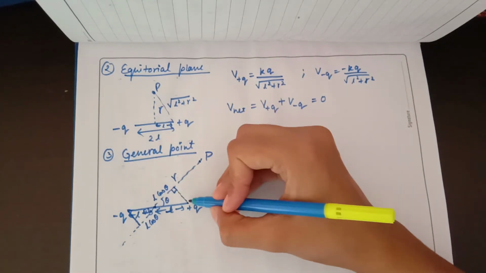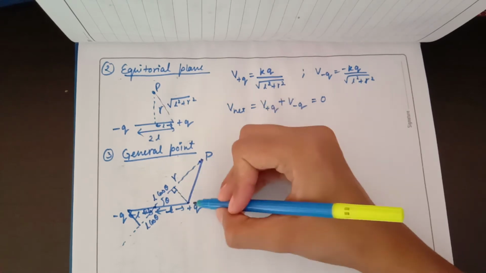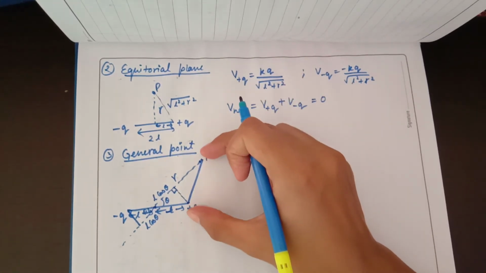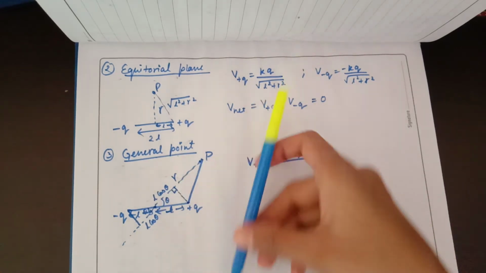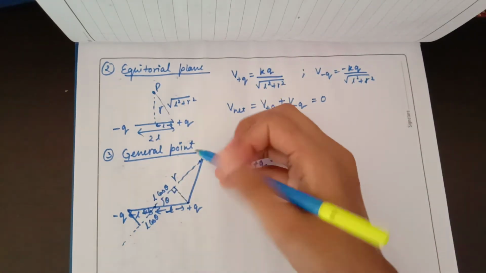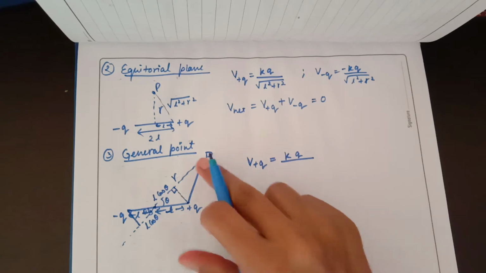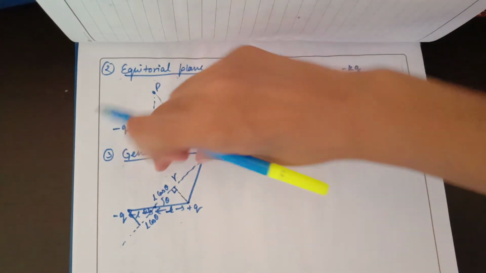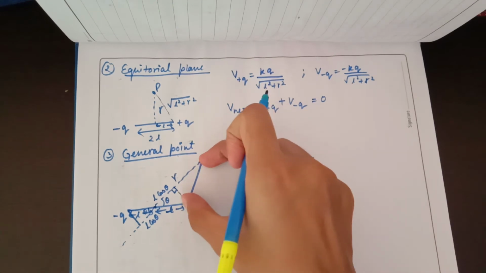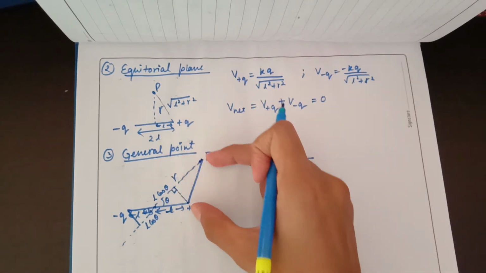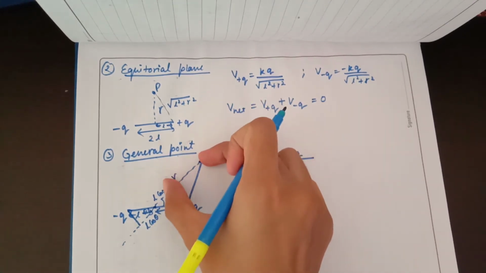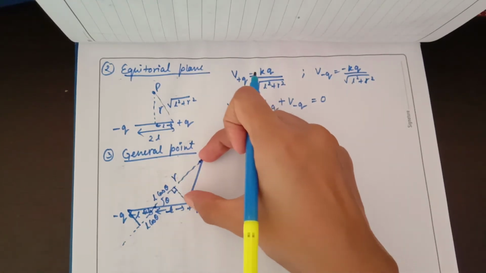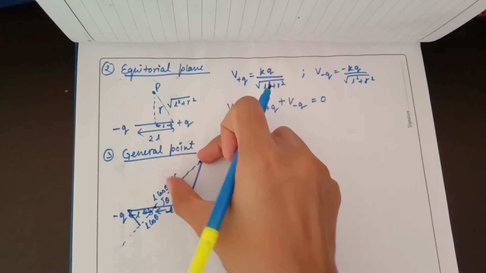To calculate the length from the positive charge to P, if I say this is the center of a circle, then this part and this part should be equal. If this is the radius of this circle, the radius should be equal, meaning this section and this section will be equal.